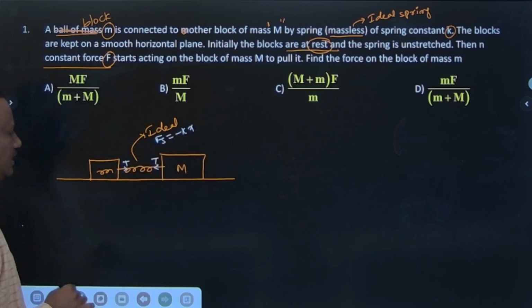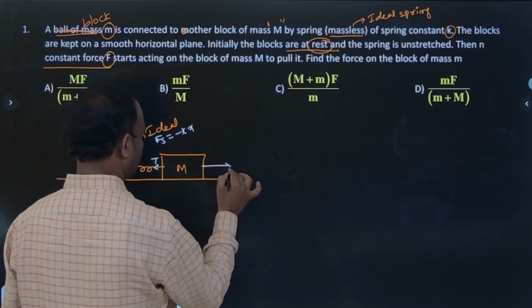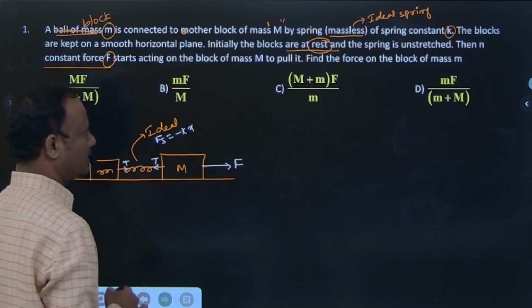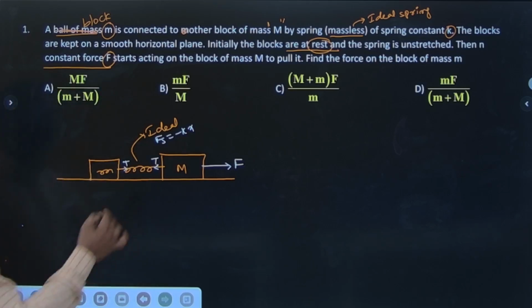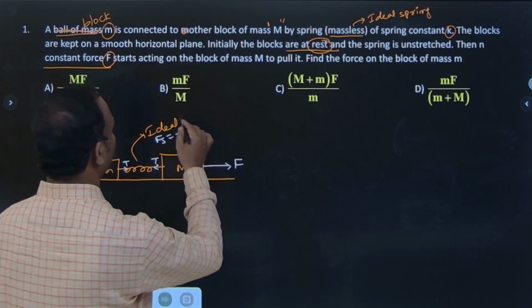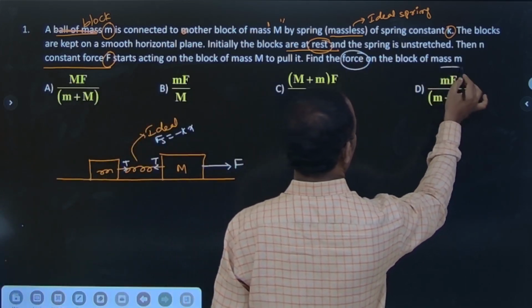I'm taking it as T. So when you apply a constant force F, first I need to find the acceleration, and next find the force on mass m.